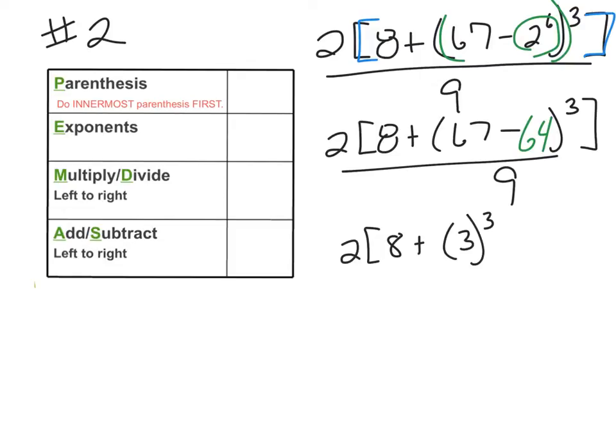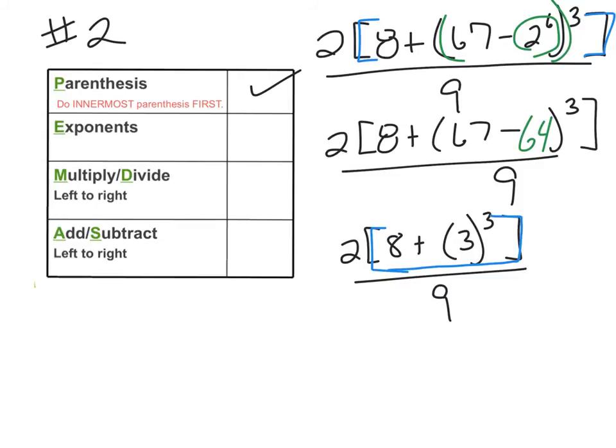I'm going to bring that cube straight down, over 9. So parentheses are done, the first bracket. But now the second bracket, so I must worry about what's in here now. Well, to solve that, I have an exponent and an addition. So I must do the exponent first, and from this point on, please complete the problem, and we'll talk about it in class tomorrow.